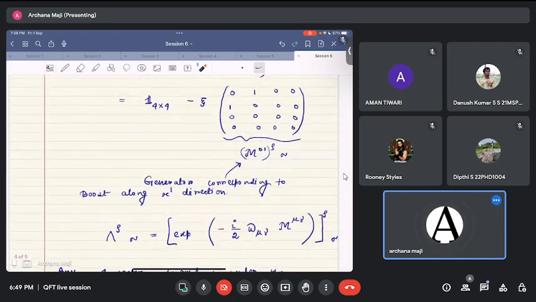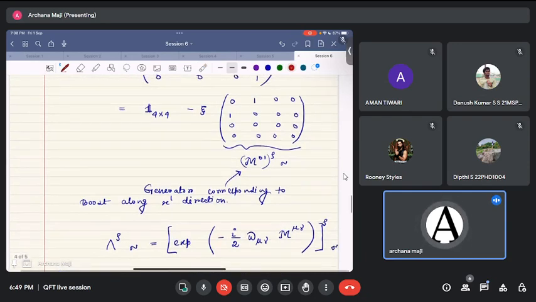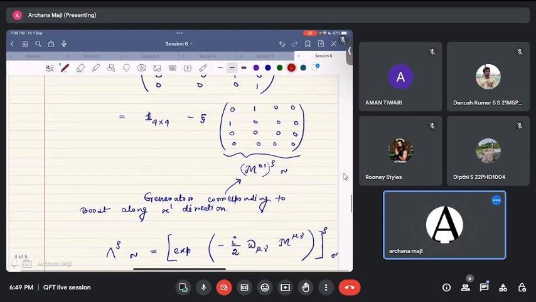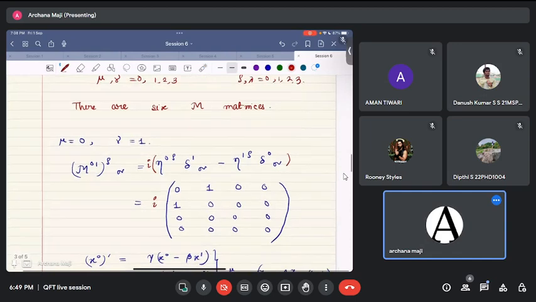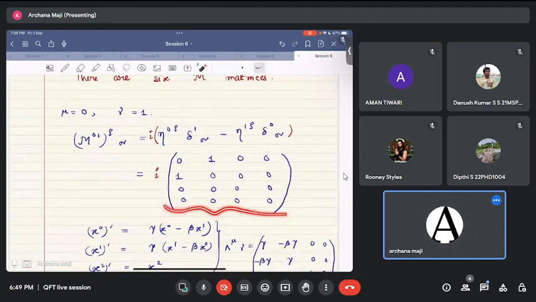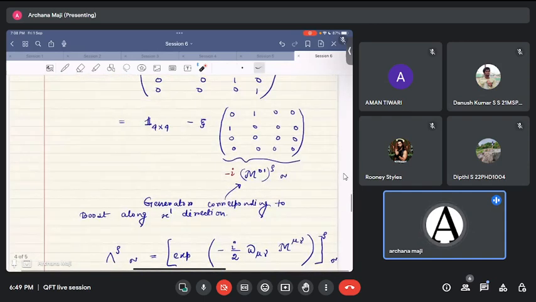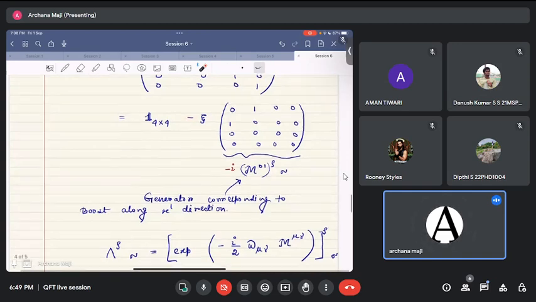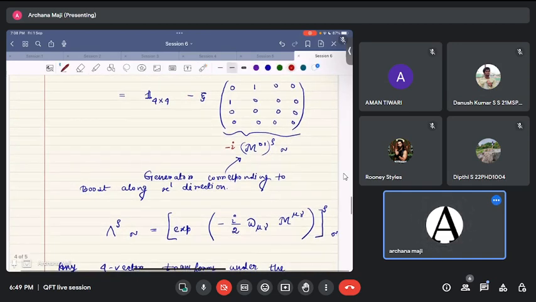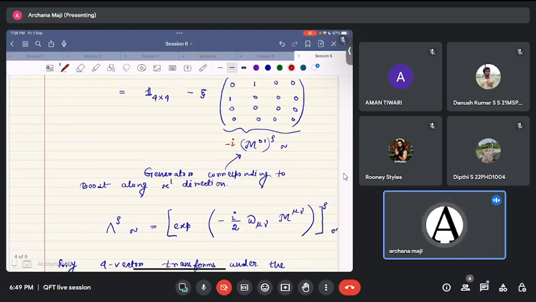Otherwise it's fine. So this is M01. Sorry, I think there is no mismatch. Let me check. M01 rho sigma is I times this matrix, so this matrix will be minus I times this, and you will get plus here. So it's fine, there is no mismatch. Sorry, hopefully I didn't confuse you. Is everything fine?